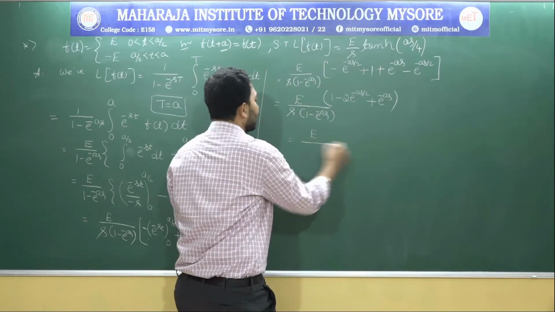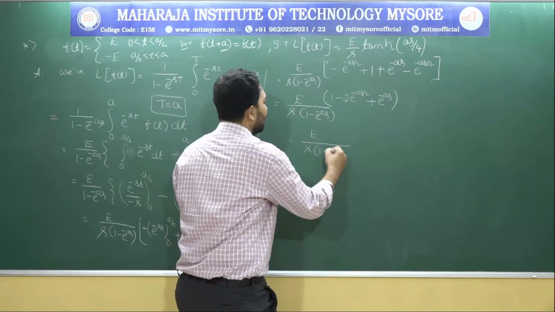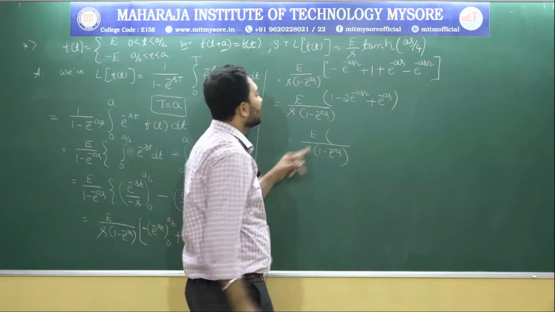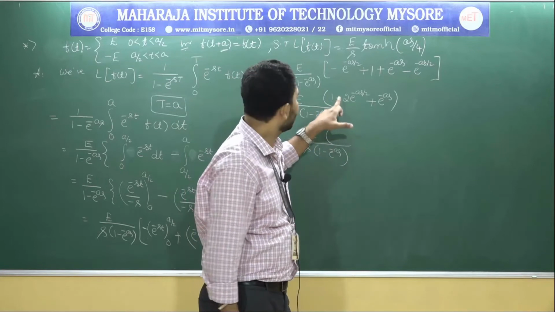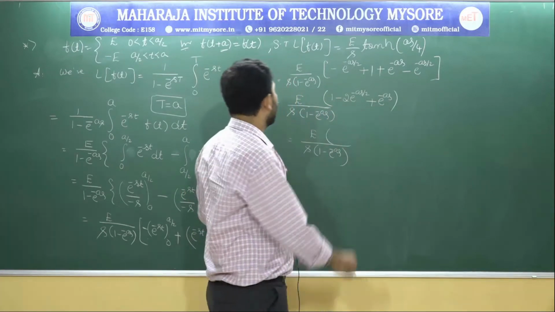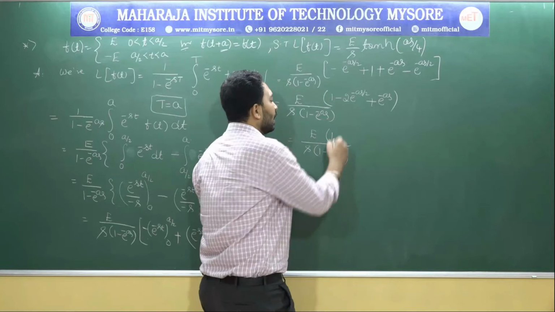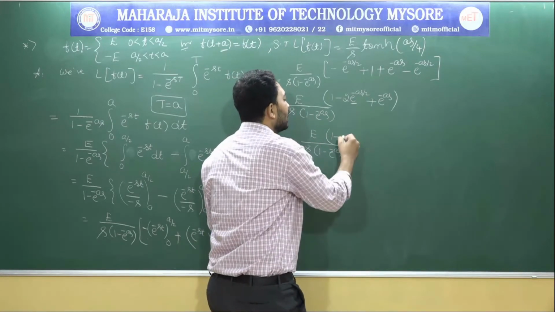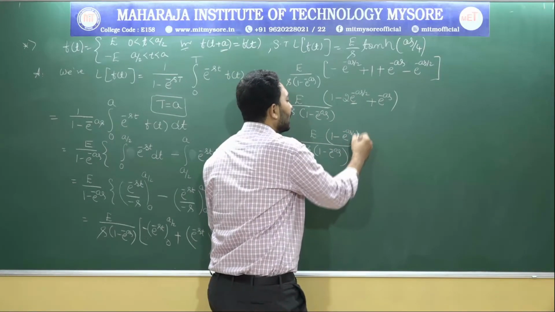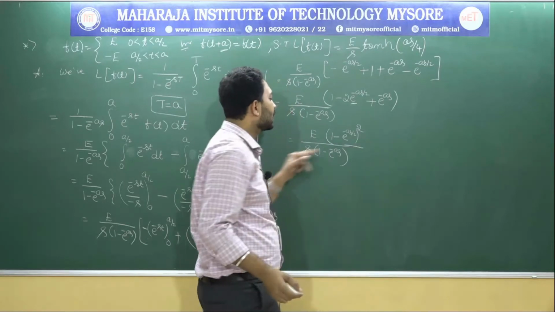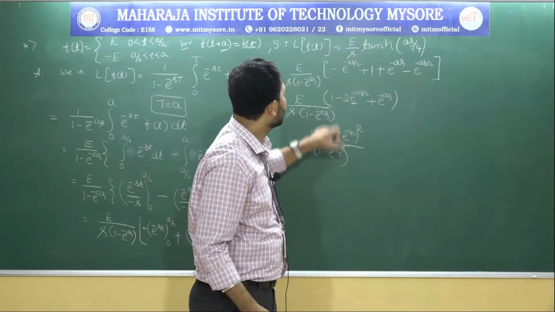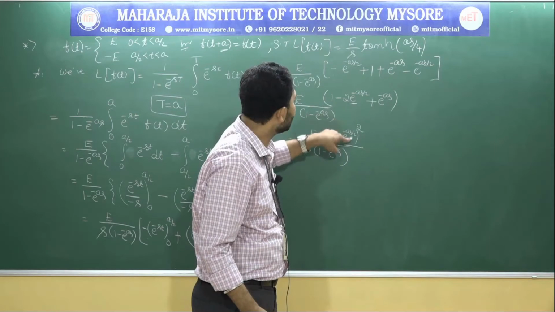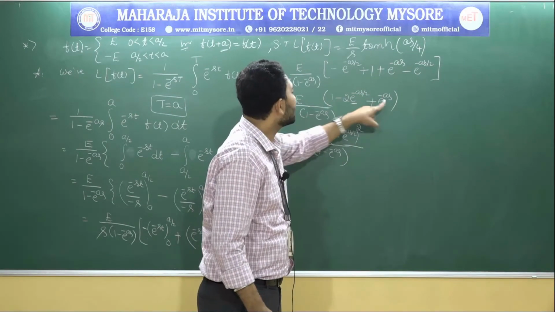So this is nothing but E by s 1 minus e power minus as into, it is in the form of a minus b whole square, a square minus 2ab plus b square. What is a? It is 1. What is b? e power minus as by 2 whole square. Expand this, a square is 1 minus 2ab, 2 into 1 into b is e power minus as by 2. What is b square?